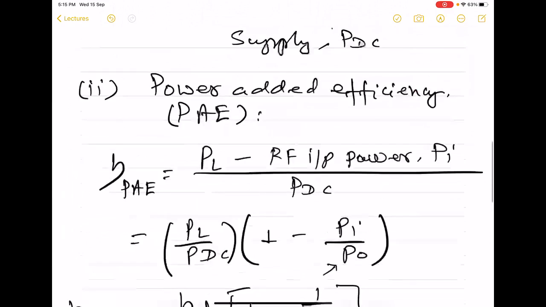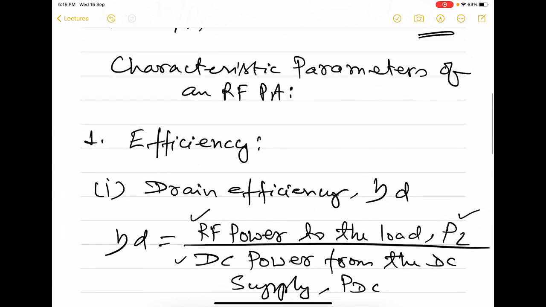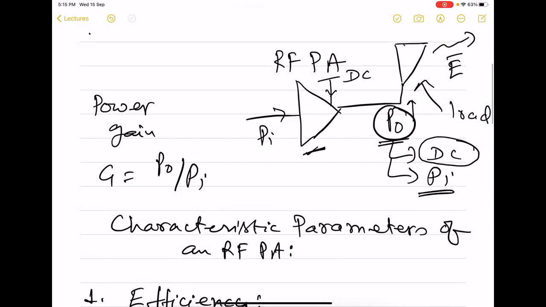Now here, why have we listed efficiency as the first parameter for the power amplifier? Because this amplifier is going to deal with large power. So it will be generating a large amount of output power, and obviously it will be drawing a large amount of power from DC.